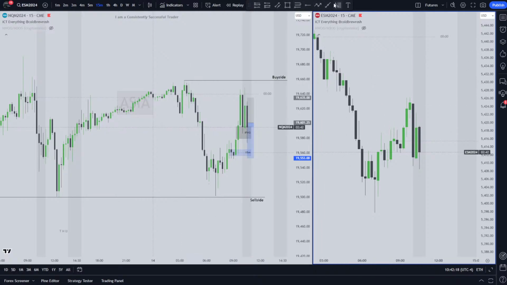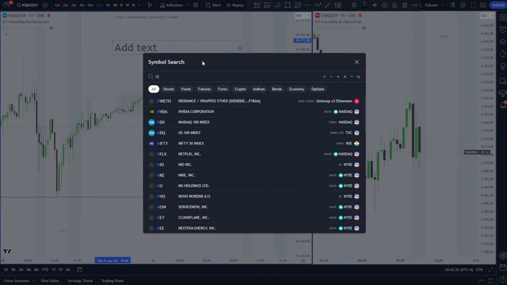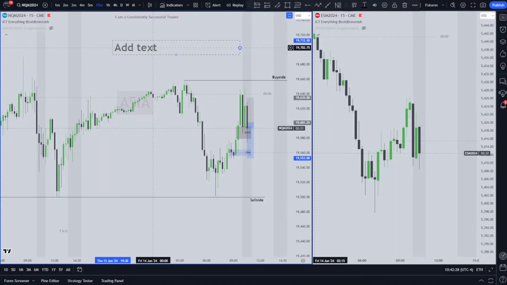Okay, so let me note down what was the problem. I'm gonna add this to my notes so I can remember for next time. Why is this text so big?